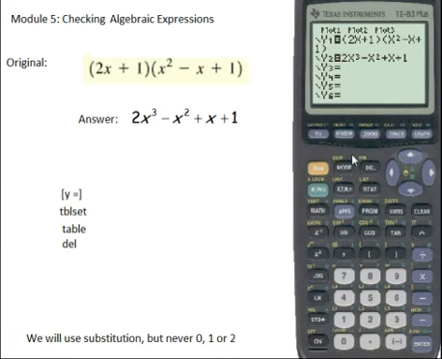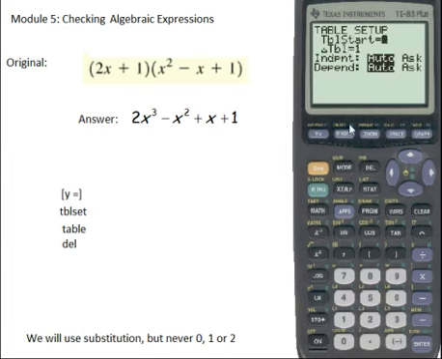Alright, now there's two things we do next. First, we've got to check table set, and table set is next to the y equal key above window, and above means the second key has to be hit. So hit second, then window, and up comes table setup. And this is the way it will always look in the testing center and on your calculator when you first use it.